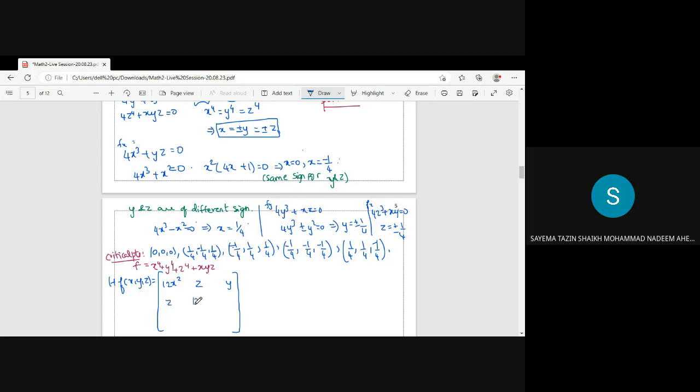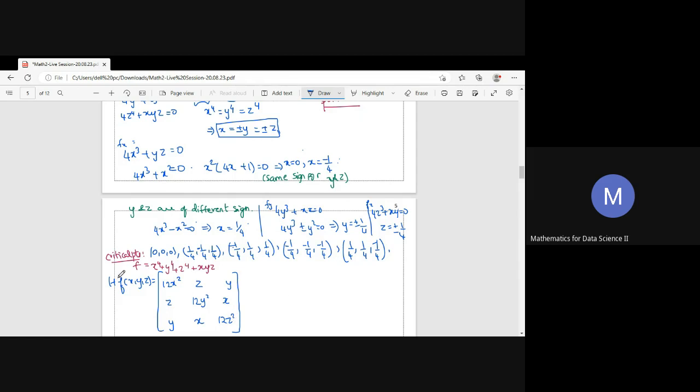Y square. And what is fzy? It is again x. Here it is a symmetric matrix, so we can easily fill it in. And what is fzz? 12z square. Okay, so this is your Hessian matrix now.